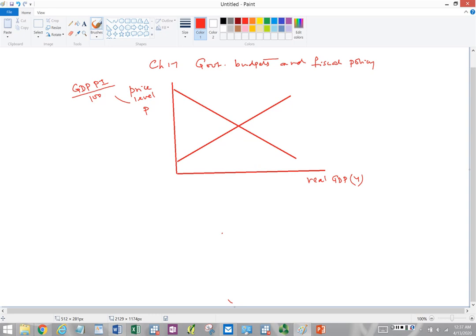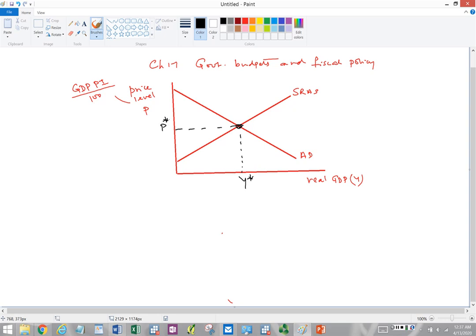So this is the short-run aggregate supply curve, SR for short run, AS for aggregate supply, and this is the aggregate demand curve. We have macroeconomic equilibrium where the two curves intersect right there, and that brings us to the equilibrium level of GDP in the economy and also the equilibrium price level, P star.